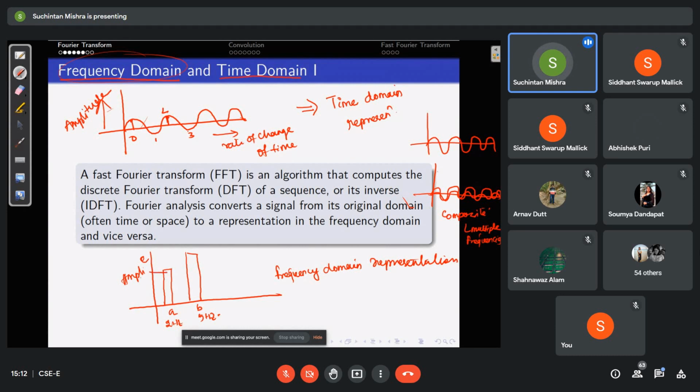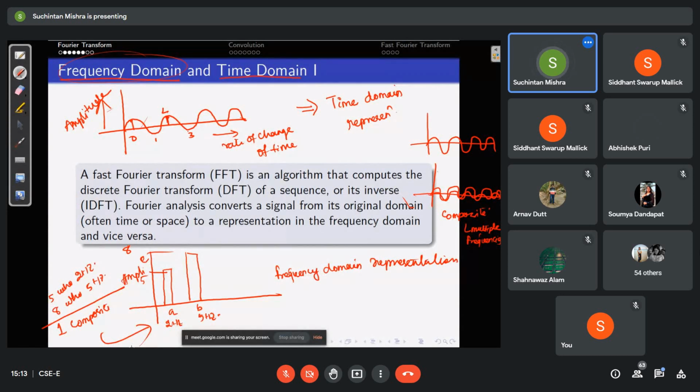If the amplitude is 5 here, I will say there is a signal of amplitude 5 whose frequency is 2 Hertz, and also there is a signal whose amplitude is, suppose, 8 and whose frequency is 5 Hertz. Now these two signals are making one composite signal whose representation is this.